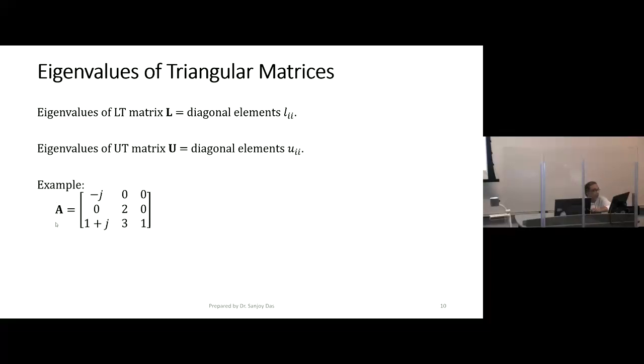Here's an example. This is a lower triangular matrix. What are the eigenvalues of this? The diagonal elements: negative j, 2, and 1. But we would like to sort them. So lambda 1 equals 2, lambda 2 equals negative j, and lambda 3 equals 1.